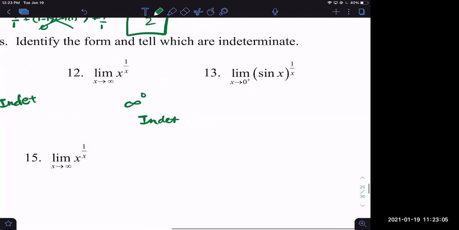This one, if we plug in 0, we have sine of 0, which is 0, and then the exponent ends up being infinity. So 0 to infinity. This one does turn out to be 0. If your base is 0, you don't have to investigate further. It's 0. It doesn't matter that it's raised to the infinity power. If it's infinity to the 0, then it's indeterminate, but a 0 as a base stays 0.